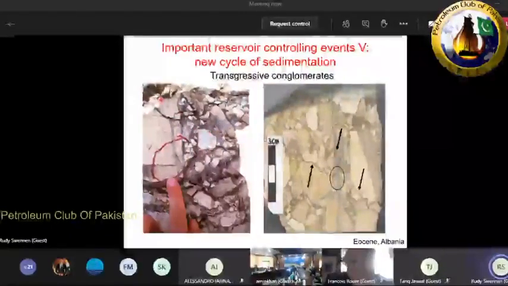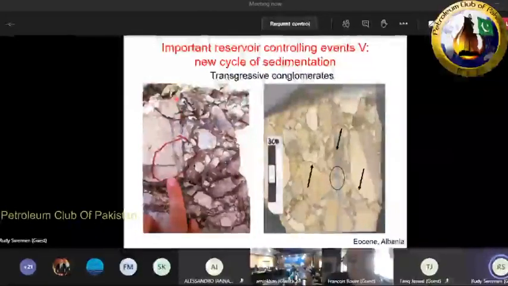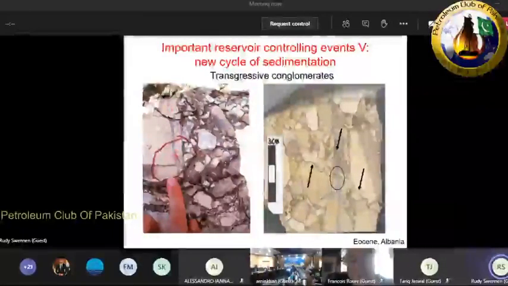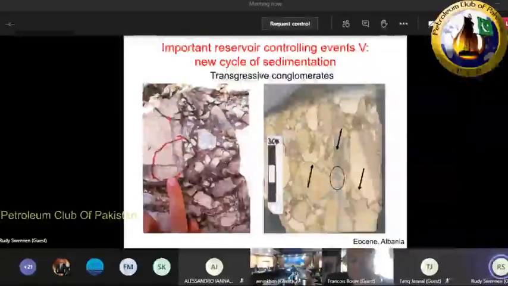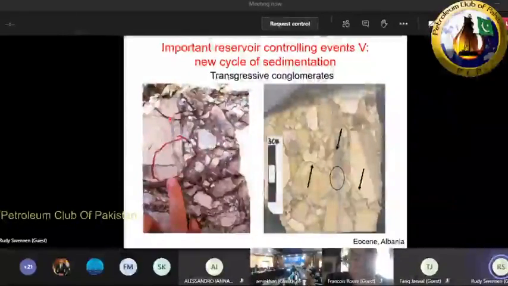We can see, for example, here a very fine grained limestone from a turbidite, where we have a bed parallel stylolite, and it's cut by a vein. So that happened before the conglomerate was formed.